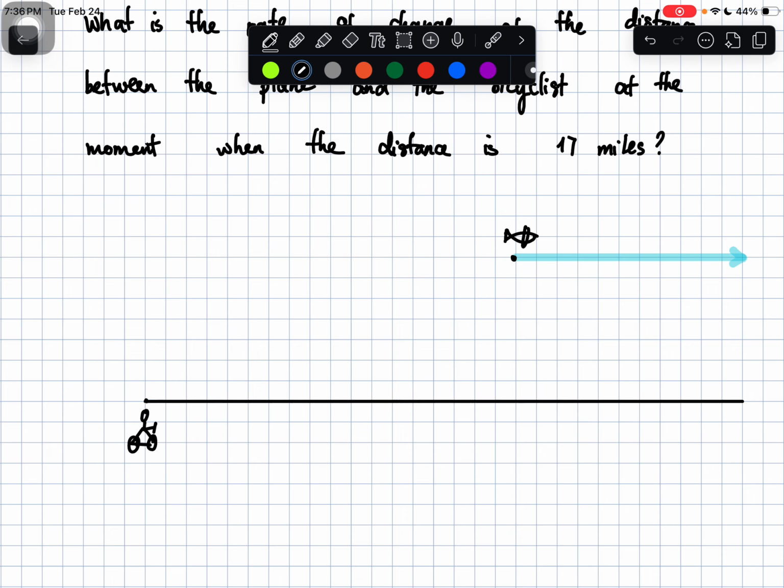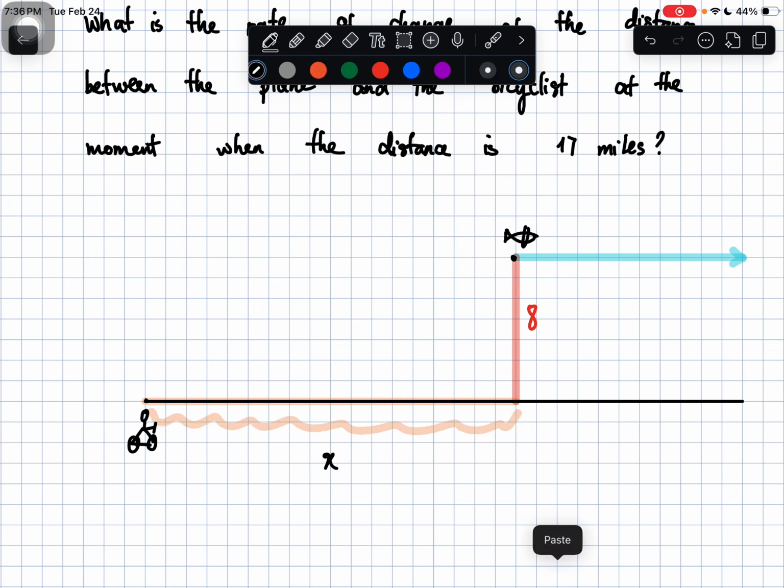The distance from the plane to the ground is 8, so this length is 8. Let's say the distance from here to here is x. So when the plane is flying far away, this one will be increasing.